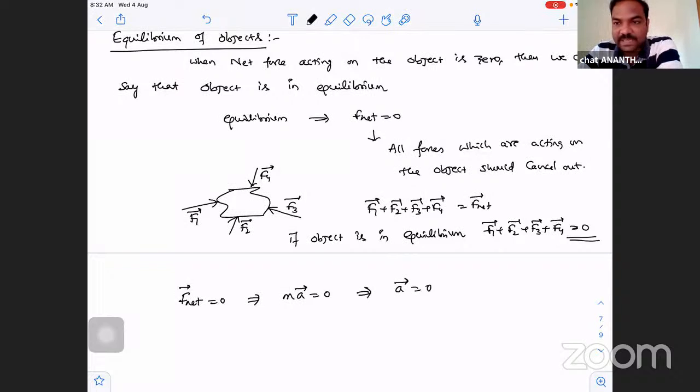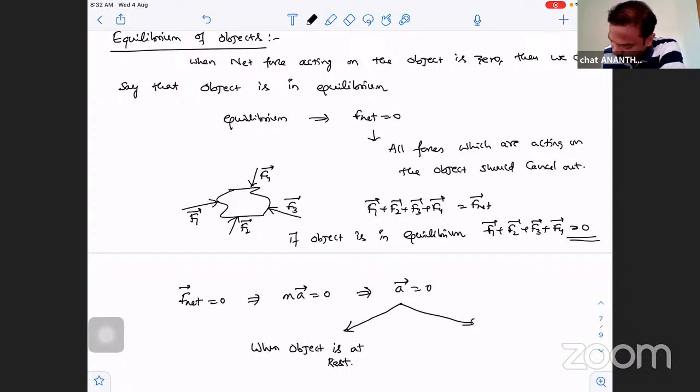Okay. So when will acceleration be 0? Acceleration will be 0 under two conditions. When the object is at rest, then we can say that the acceleration of the body is 0. What is the second condition? When the object is moving with constant velocity.